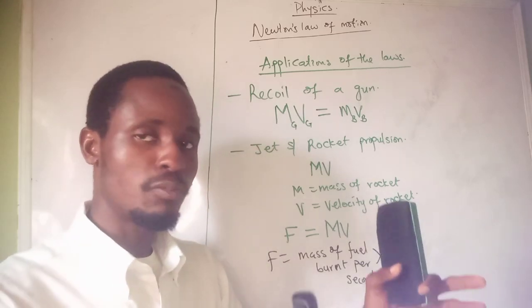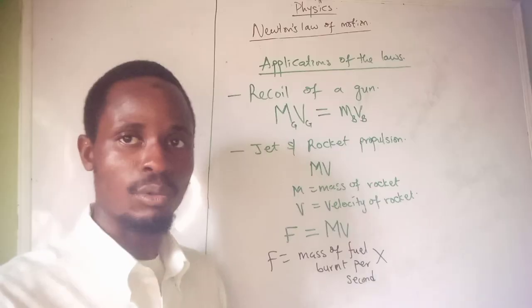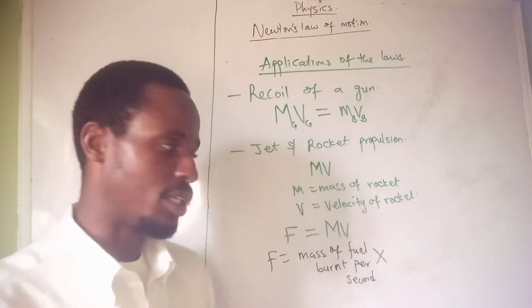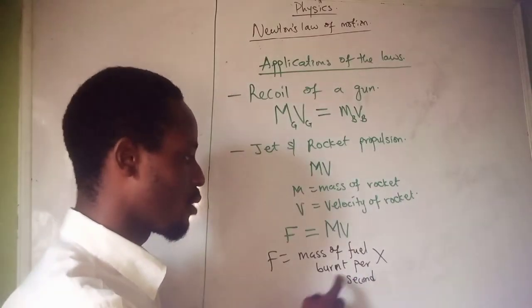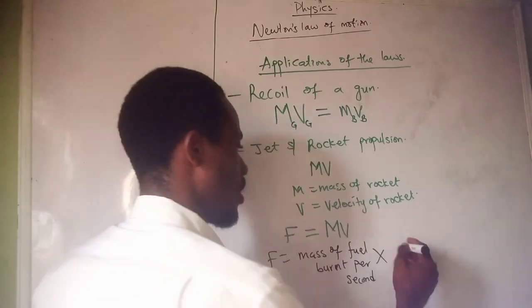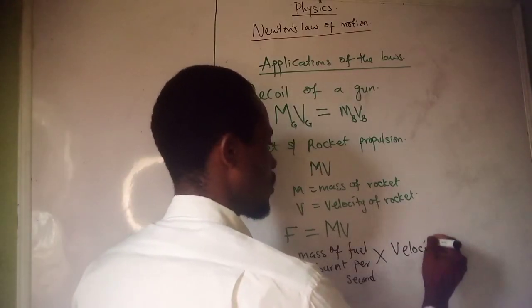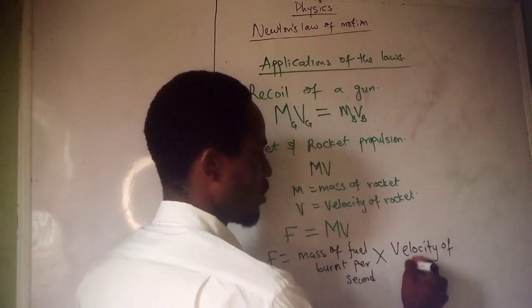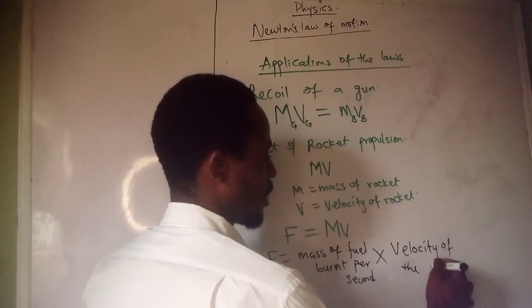The speed at which the gas moves out is the velocity v. So, the mass of the fuel burnt per second times the velocity of the gases.